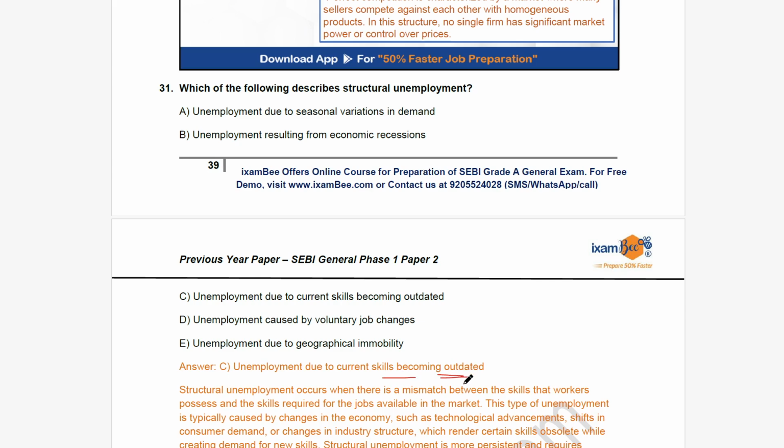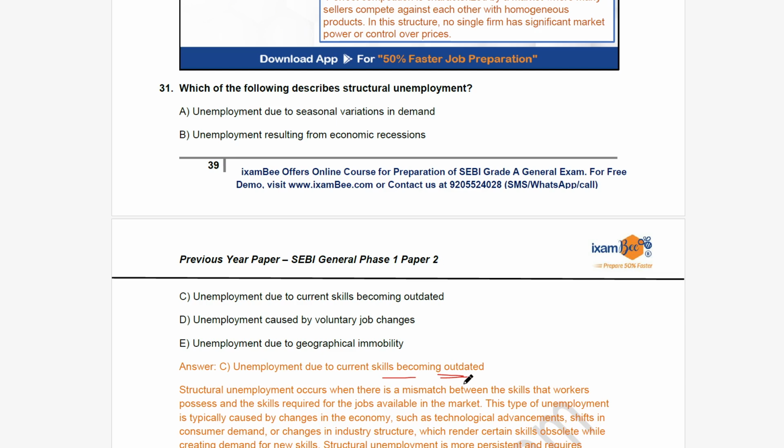So the gap between skills and the jobs that the employment is offering is called structural unemployment. When the fit between the skills a person has and the job requirement is not there, that is called structural unemployment, something which the country is facing and the government is trying to work on.